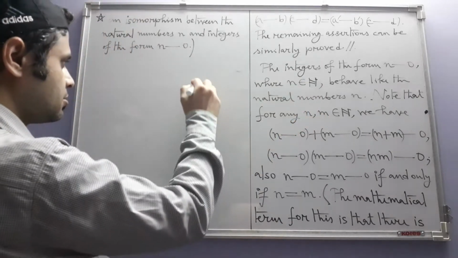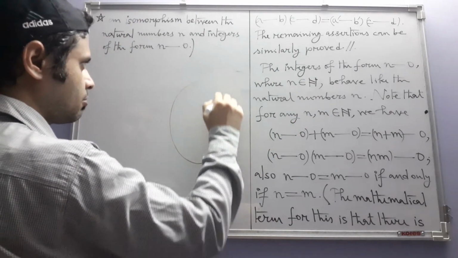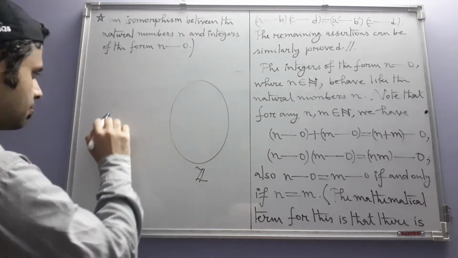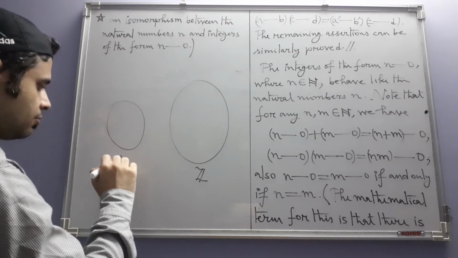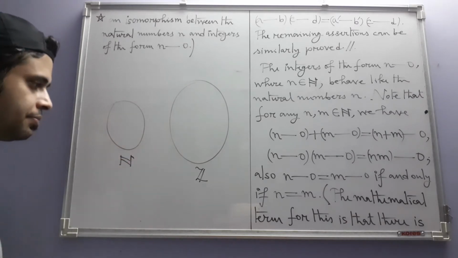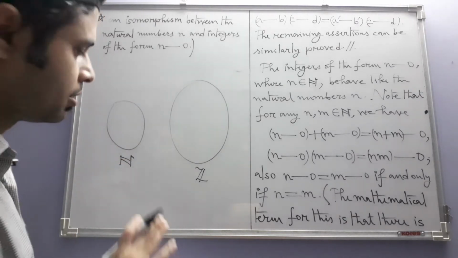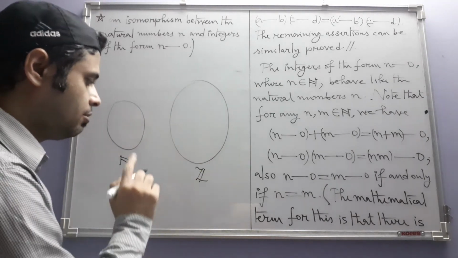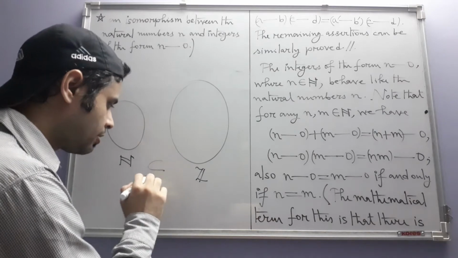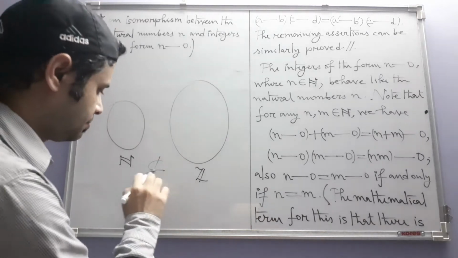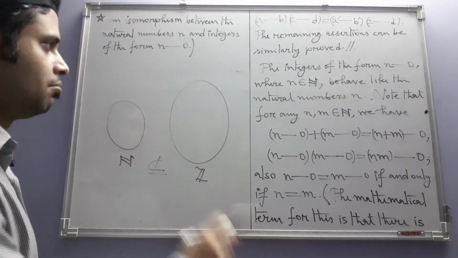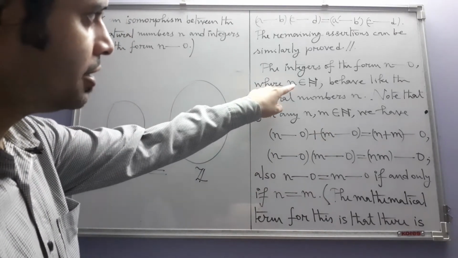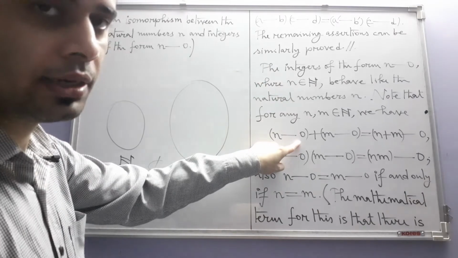It's like this. This is our set of integers and this is our set of natural numbers. Actually, there is no intersection, or in fact N is strictly speaking not a subset of Z. But because of this identification, we are identifying N with this integer.